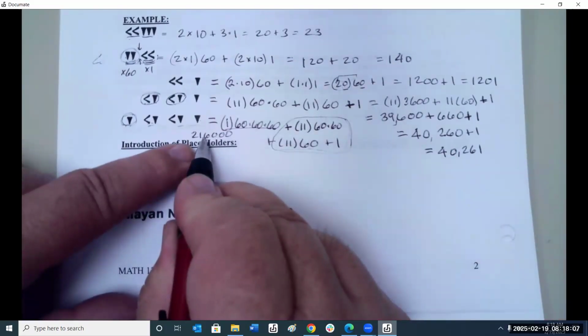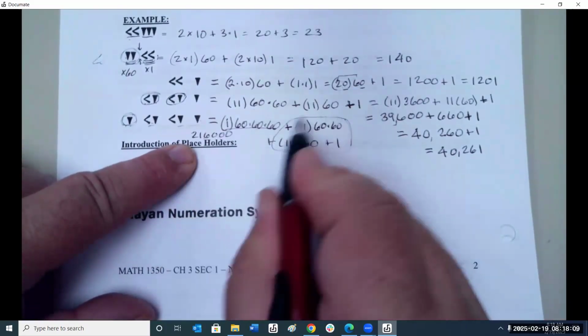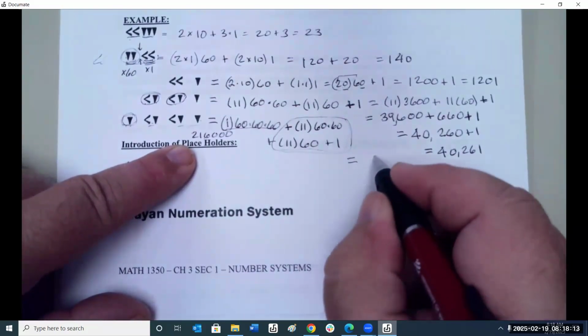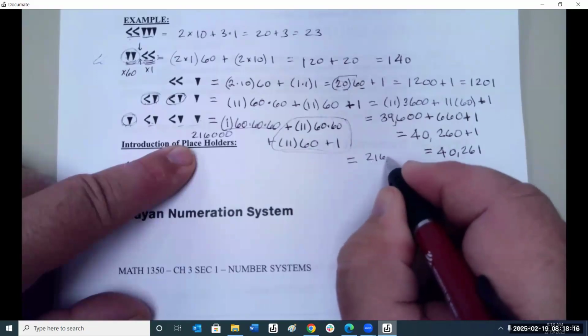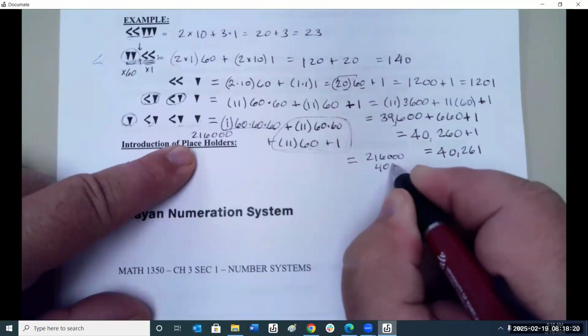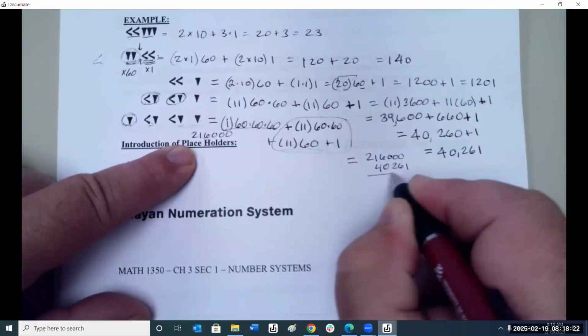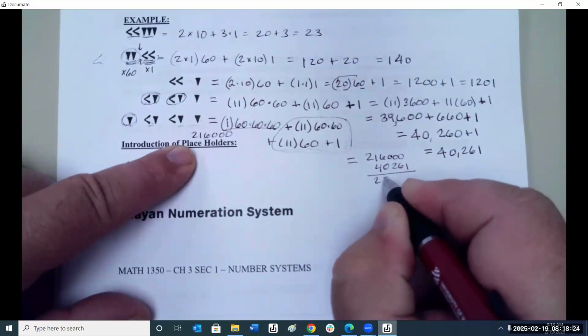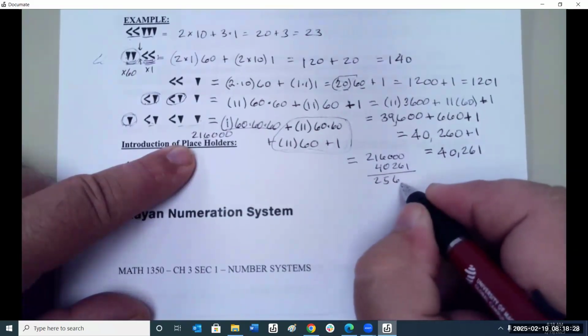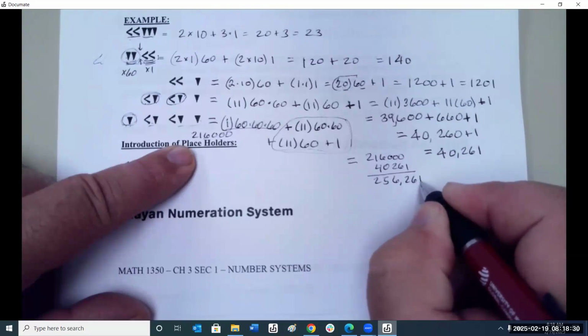So now we take this number and add it to our 40,261. 216,000 plus 40,261 is 256,261.